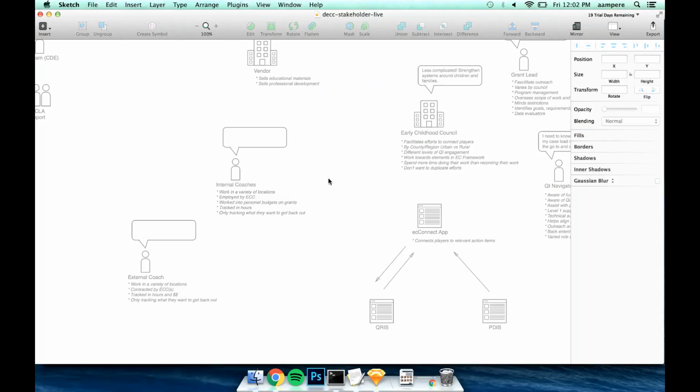I think that's what we're talking about. Getting excited about it. What if somebody achieves a level 5 and the first time that coach logs into the EC Connect, a thing pops up that says, wow, so-and-so achieved a level 5 and they received X number of hours from you. Great job. Or stuff like that.